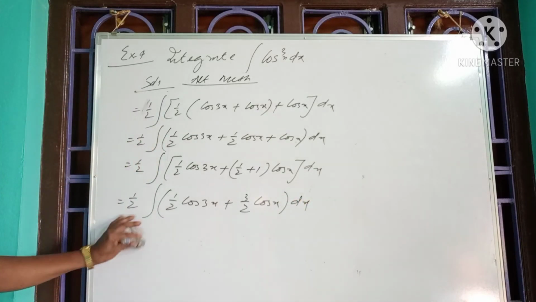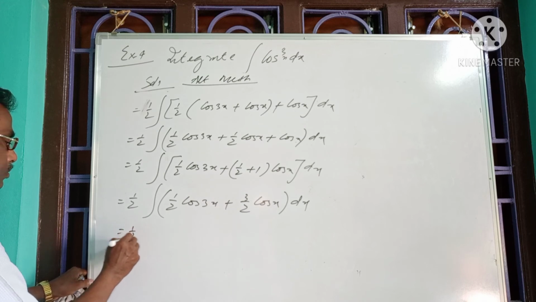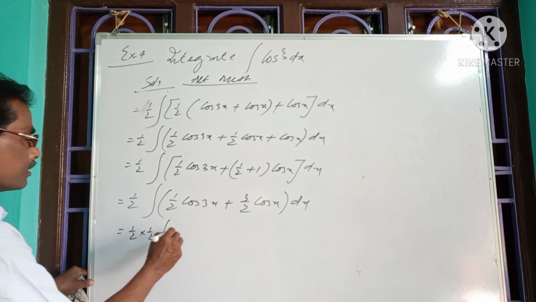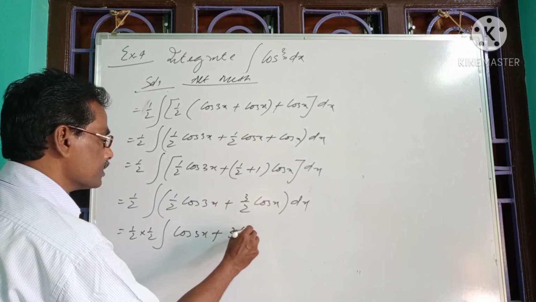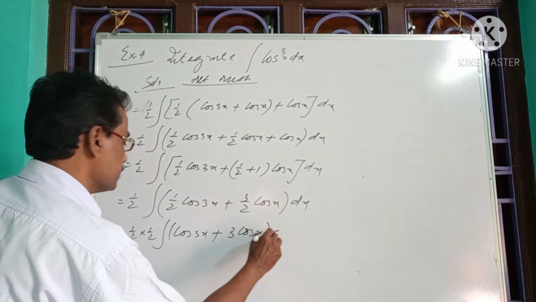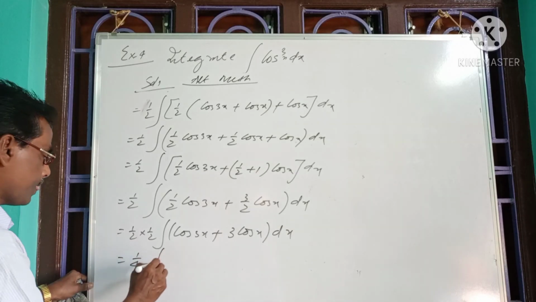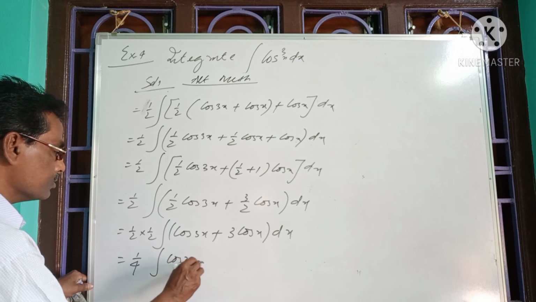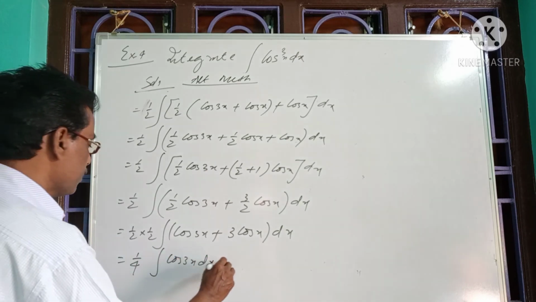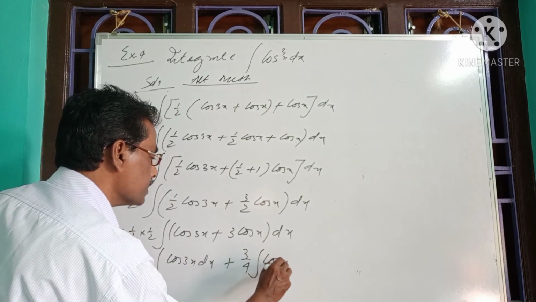So now taking 1 by 2 out of the integral, we have 1 by 2 into cos of 3x plus 3 cos x, whole integration with respect to x. Which will give us 1 by 4 into integration of cos of 3x with respect to x plus 3 by 4 of integration of cos x with respect to x.